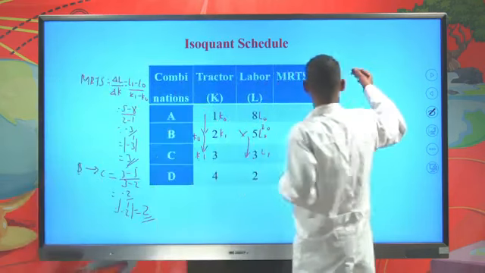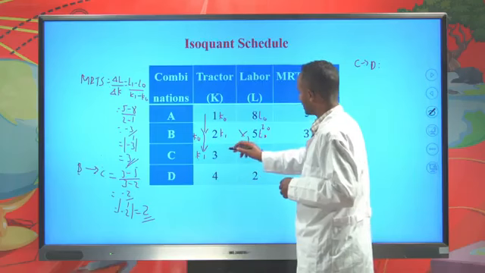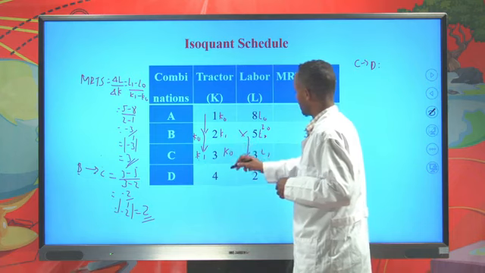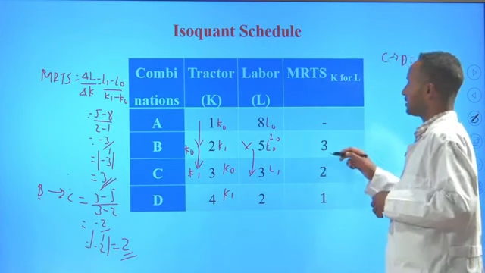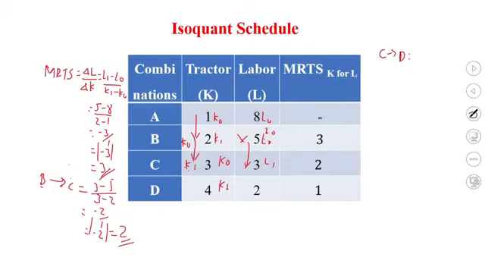Similarly, when we come across from combination C to combination D, then as we increase implement of the variable input tractor from 3 to 4, that means tractor was initially 3 and tractor finally reached to 4. As a result, the amount of the variable input labor decreases from 3 to 2.